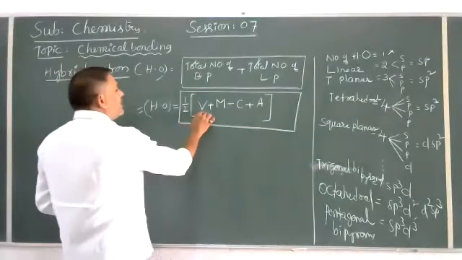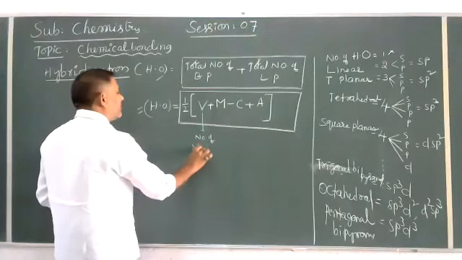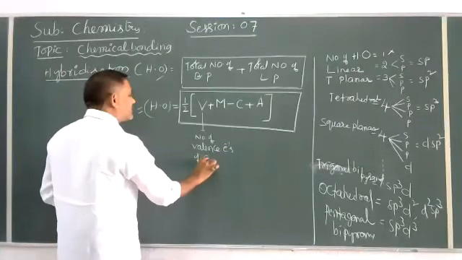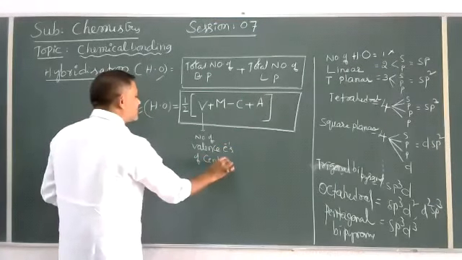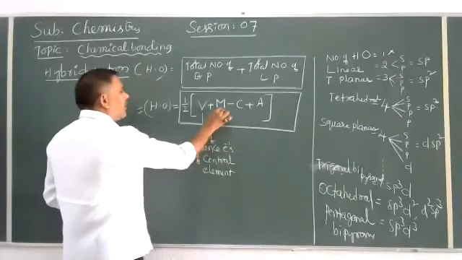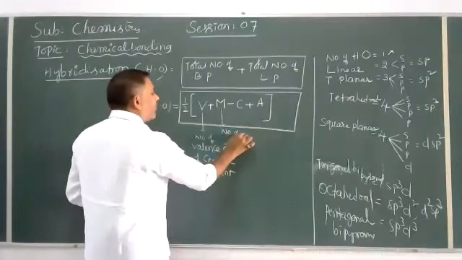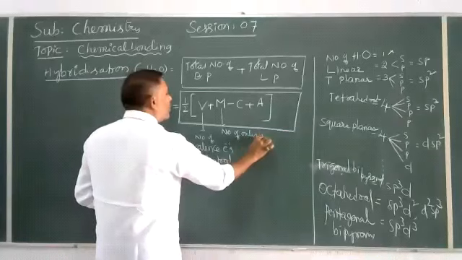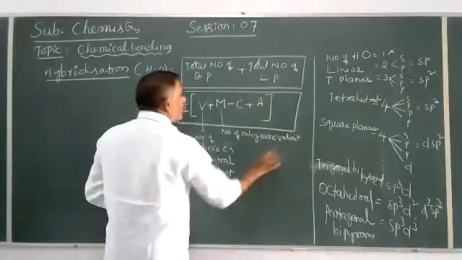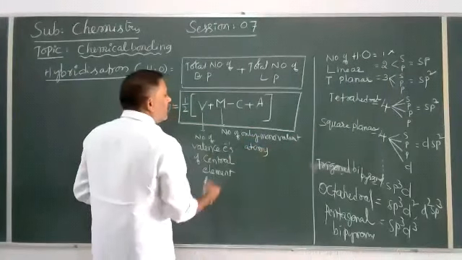Here V is the number of valency electrons of the central element. M is the number of monovalent atoms, those with valency 1.